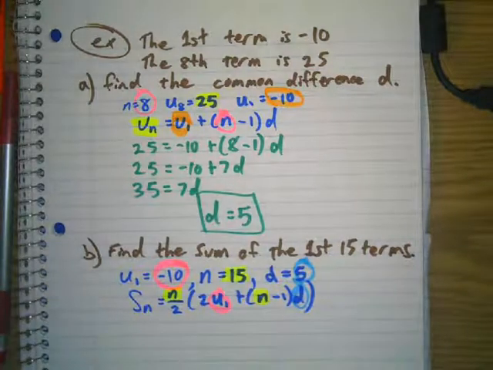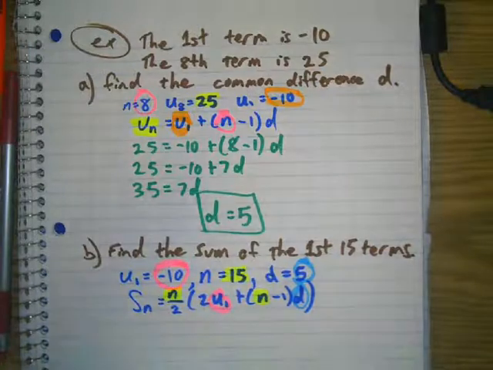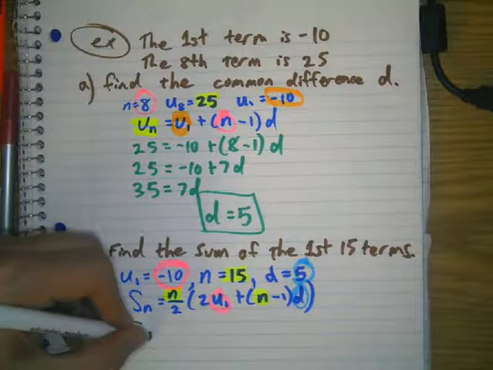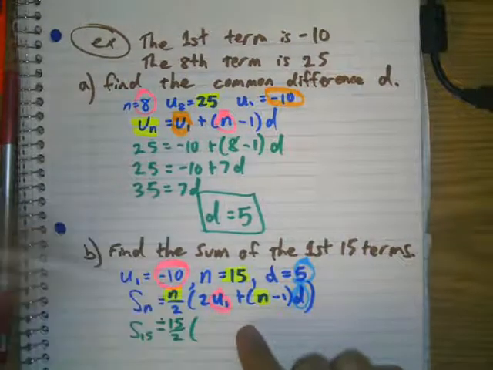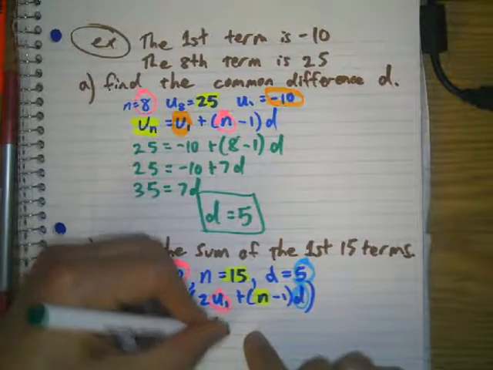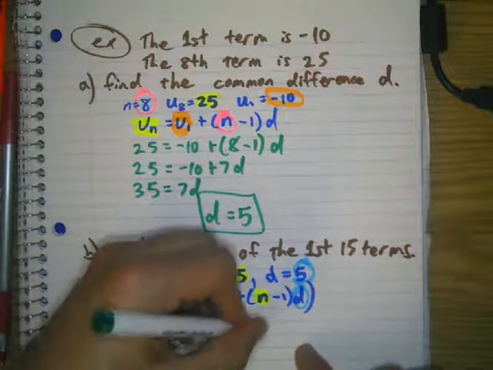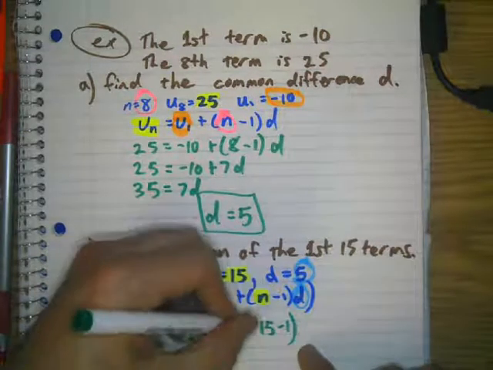Let's do this. S sub 15 equals 15 over 2 times (2 times negative 10 plus (15 minus 1) times 5).